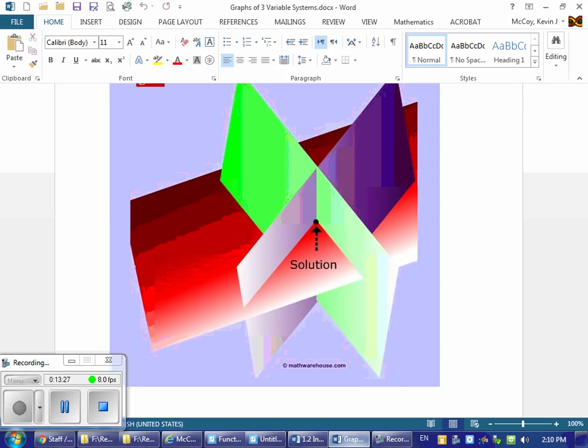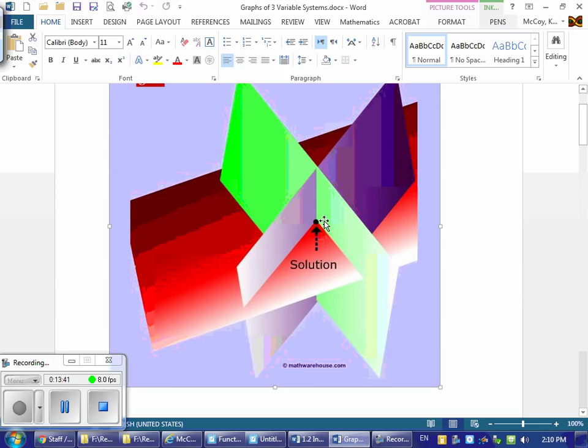As you can see, the green plane looks like it's coming down to the right, the purple plane looks like it's going up to the right, and then the red plane looks like it's kind of flat and goes in between both of them. And what you should see is right there at that one single point is our solution.